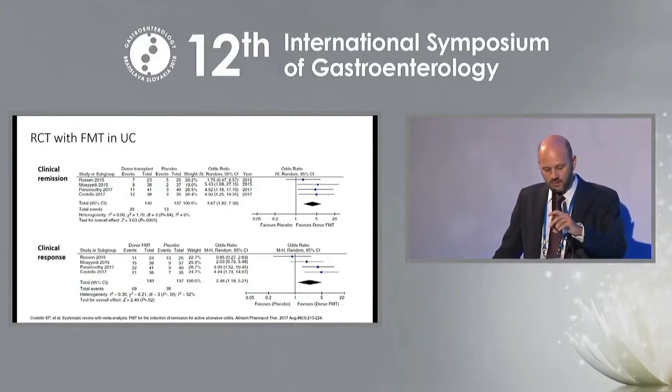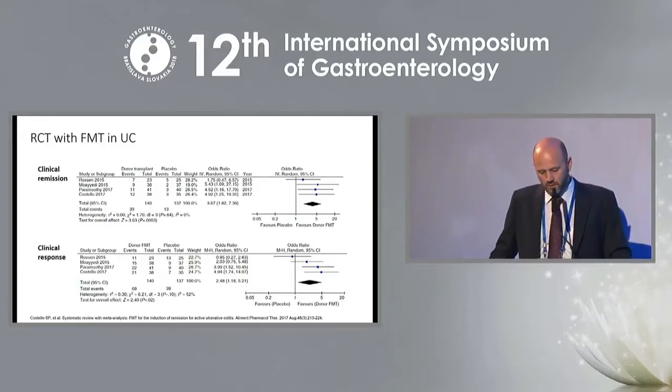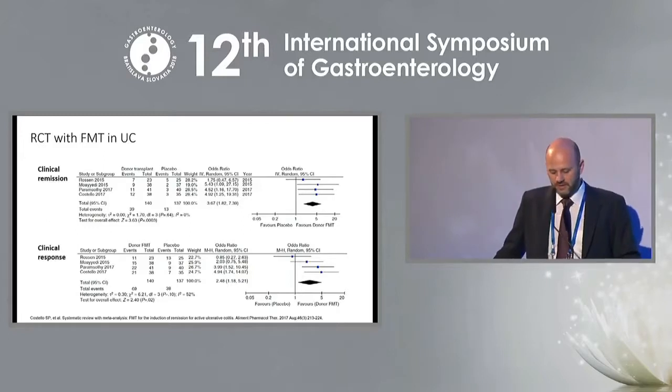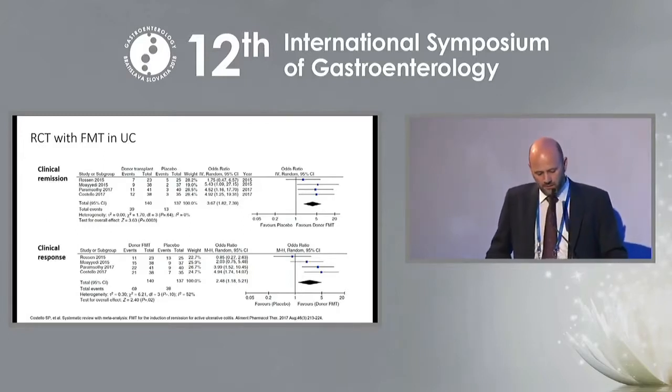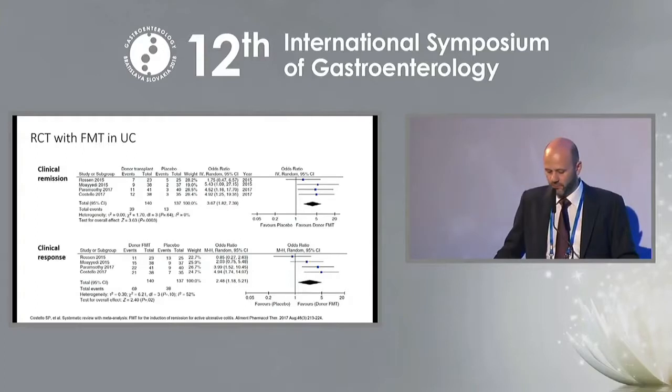And here we have the results in ulcerative colitis. The total clinical remission was significantly higher in FMT than in placebo, with an odds ratio of 3.67. And the clinical response was also significantly better with a 2.5 odds ratio. Altogether, 50% of patients given FMT improved.